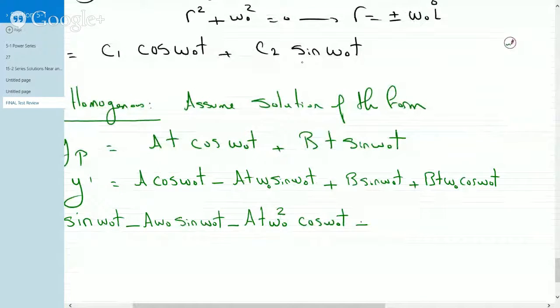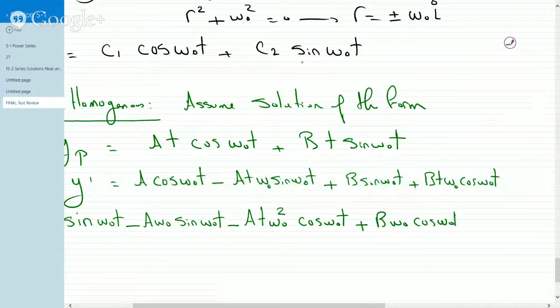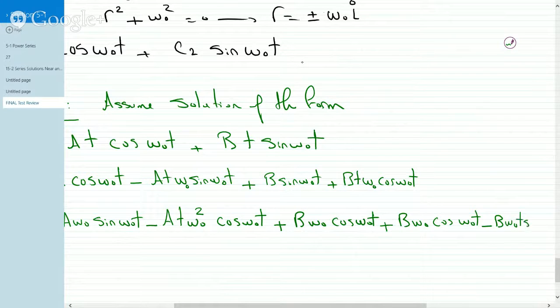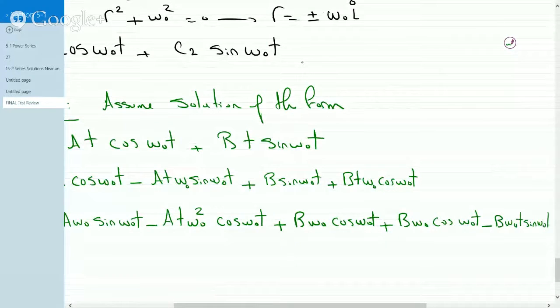Plus b omega 0 cosine omega 0 t, and then product rule again on the last one, plus b omega 0. Derivative of t is 1, cosine omega 0 t, minus b omega 0 t. Derivative of cosine is sine omega 0 t times the derivative of omega 0 t is omega 0, so this becomes omega 0 squared.